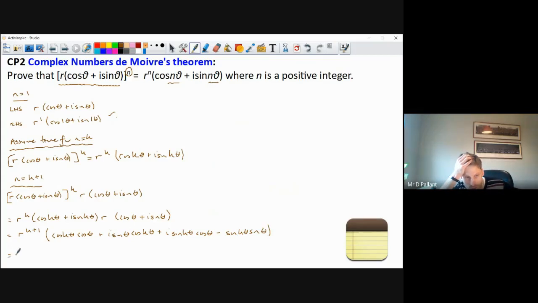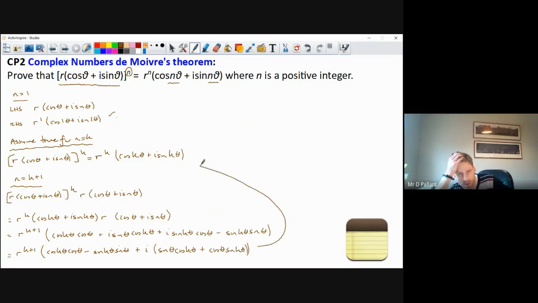Okay, and that is r^(k+1). Let's group some terms. We've got cos k theta cos theta minus sine k theta sine theta plus i, and let's factorize the i out there, sine theta cos k theta plus cos theta sine k theta.